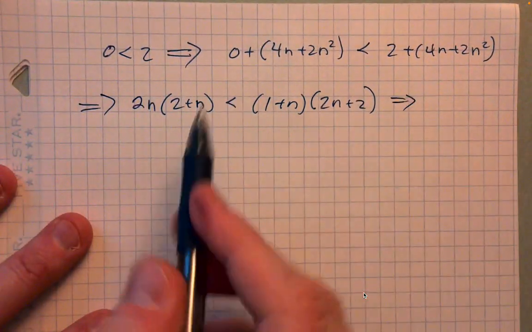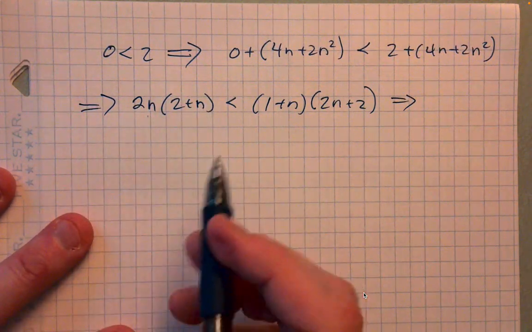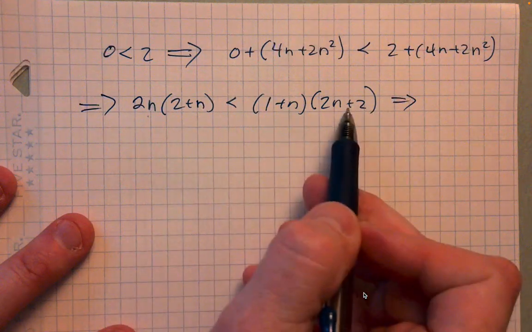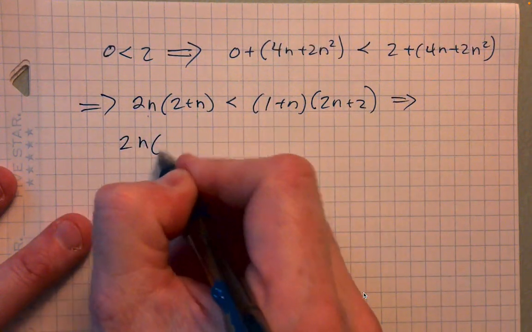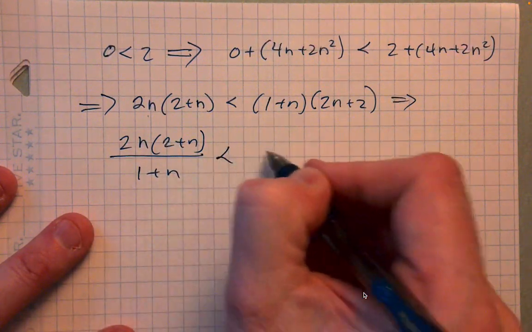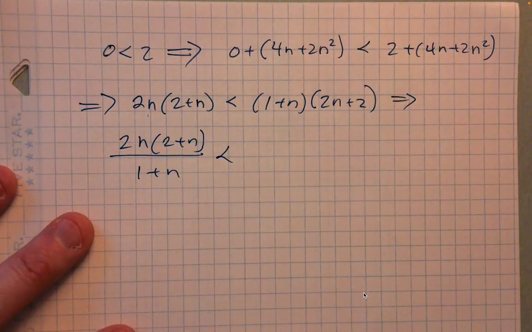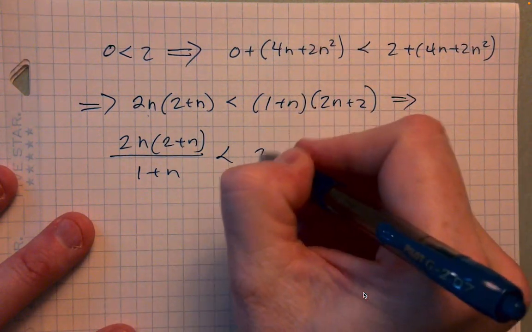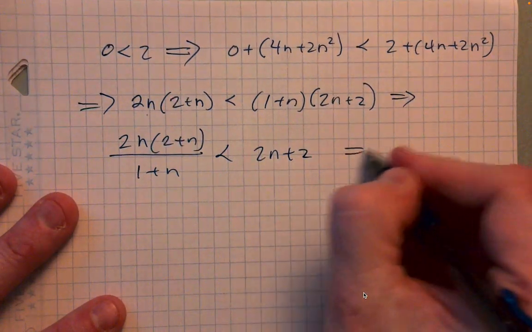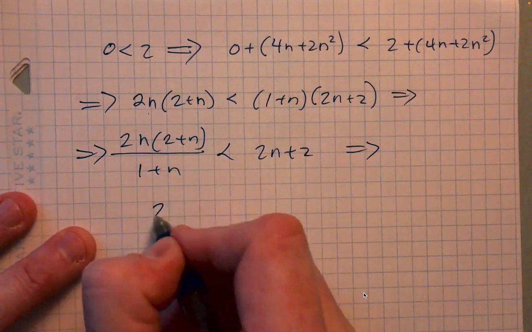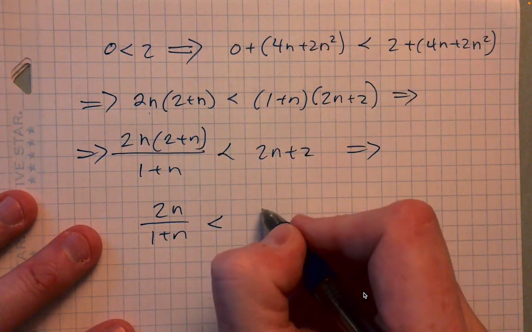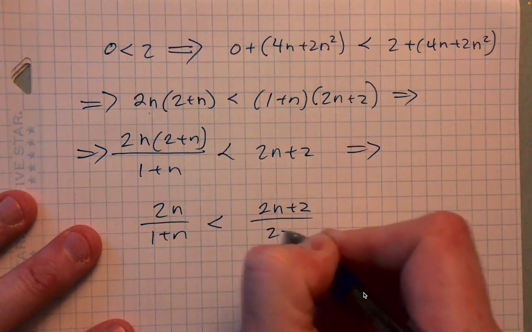Now if I divide both sides by 1 plus n, I get 2n times 2 plus n divided by 1 plus n is less than 2n plus 2. And if I divide both sides by n plus 2, I get 2n over 1 plus n is less than 2n plus 2 over 2 plus n.